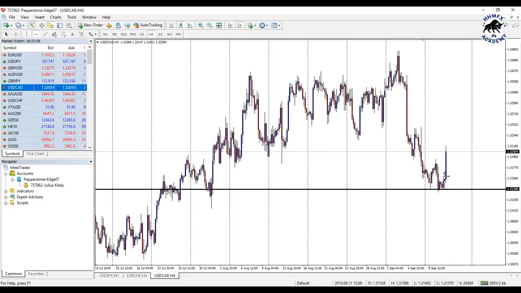Since we are looking at it from the bottom, that means that rejection will act as a resistance. Remember, guys, we have just drawn the support at this point. Now we are moving from this point upward. On the way upward, we find another rejection, which is this one.